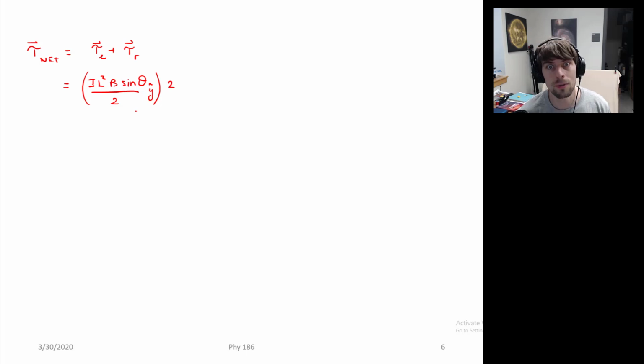And I have 2 of those. Oh, goody, I get a cancellation of those 2's, and I get that the net torque is the current being carried in the loop of wire times L squared B sine of theta in the y hat direction.